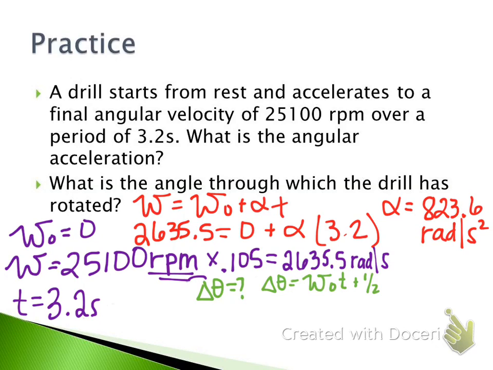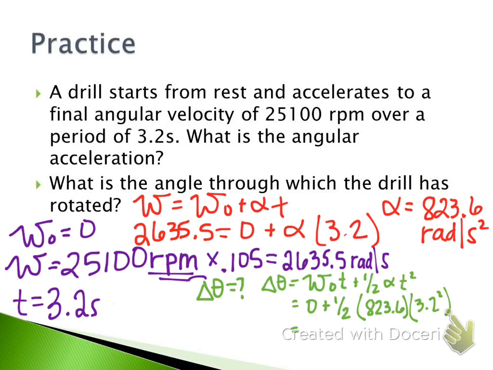plus 1/2 alpha t squared. Our initial angular velocity was 0. Our alpha we solved to be 823.6 times t squared.